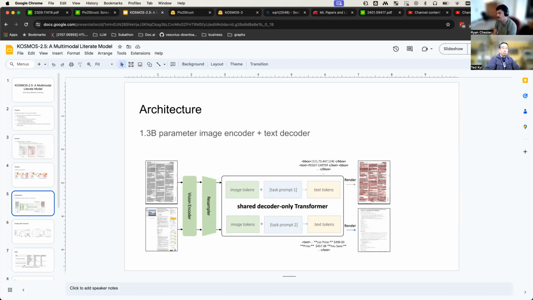In the Pix-to-Struct paper, they actually trained it in a slightly different way, where they were masking out words and saying recover the words that we masked out. In that way, it's a bit more language model-like. In this one, it's basically just a very souped up OCR model. So it's not truly a language model, but in architecture it is exactly the same as every other multimodal LLM. It's just trained in this specific way.